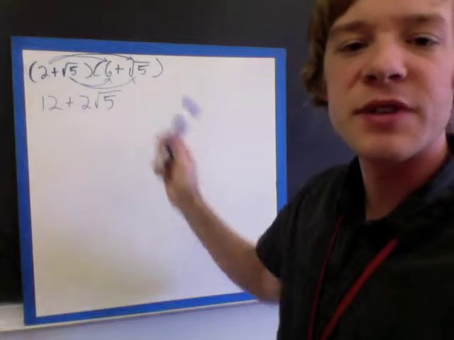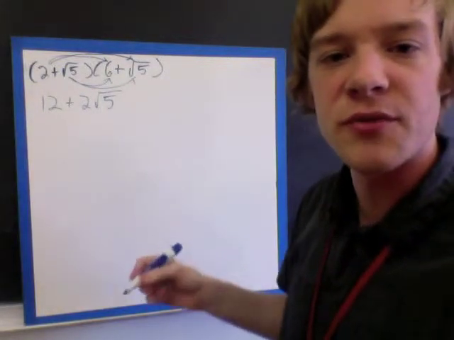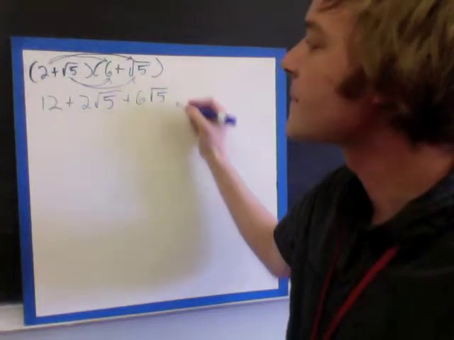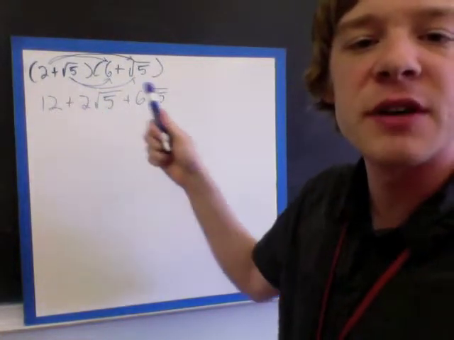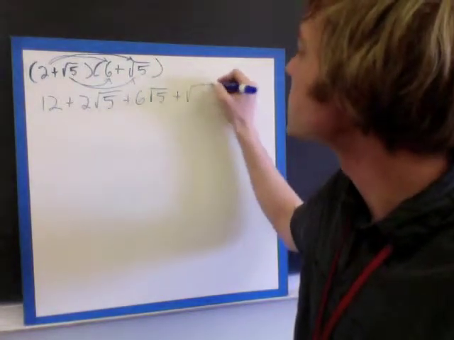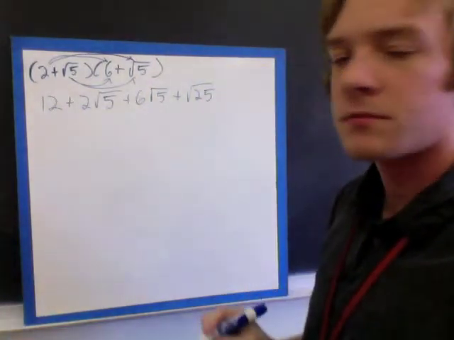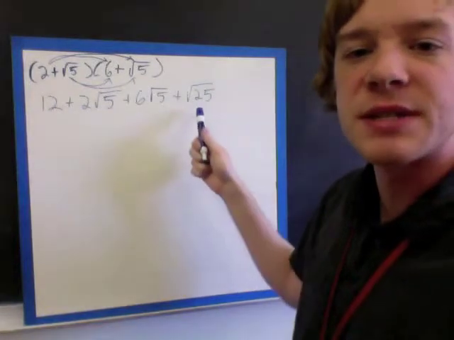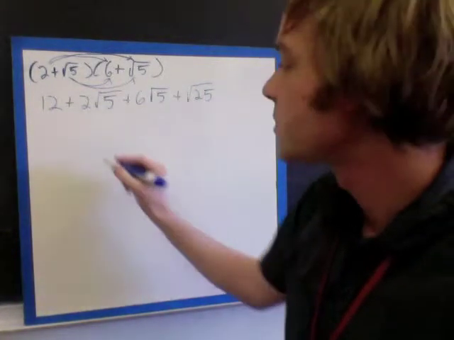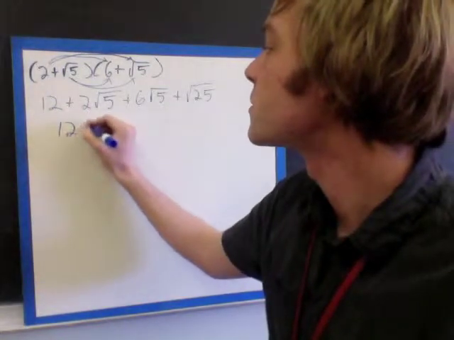So square root of 5 times 6 will be 6 square root of 5. And then lastly, square root of 5 times square root of 5 will be square root of 25. First off, we know we can simplify the square root of 25, so that'll just be a regular 5, no more root.